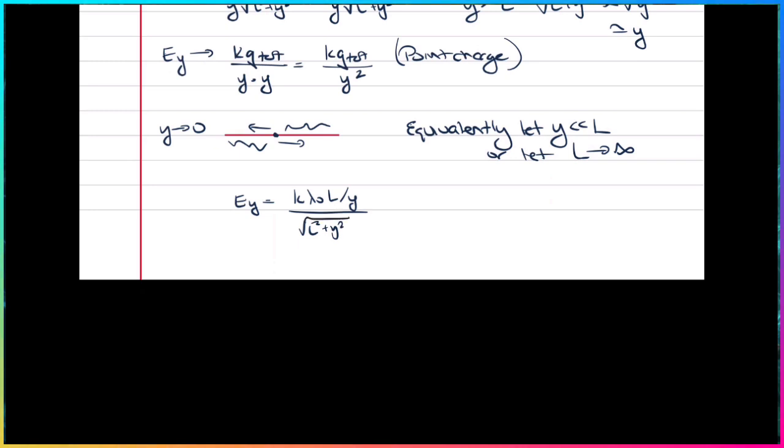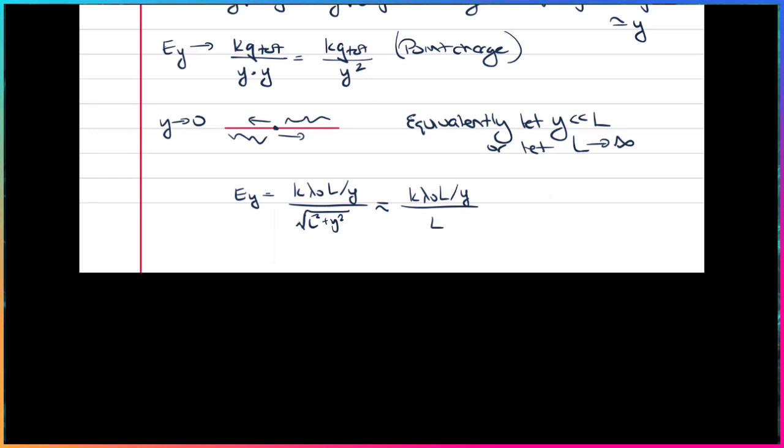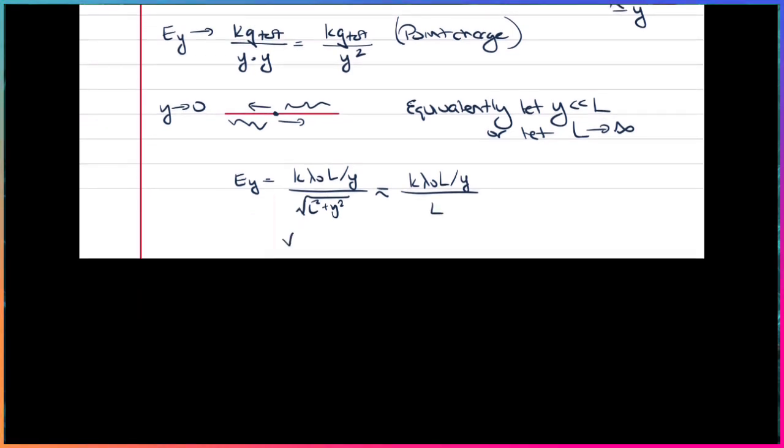But I'm going to let L get enormous. The numerator has an L, so the numerator is getting big. But then the square root thing is also getting enormous. So that's going to be k lambda naught, just keep the numerator as is, but then the denominator is just going to become L. Because again, the square root of L squared plus y squared is approximately just the square root of L squared, which is L. The y is so small, it's inconsequential relative to L.